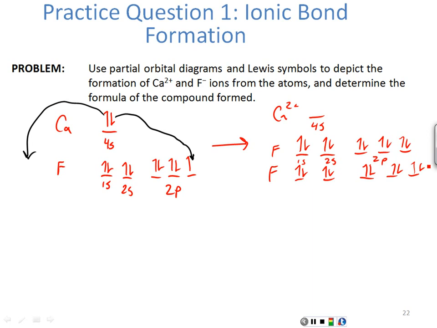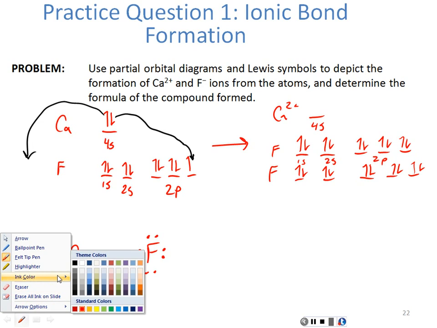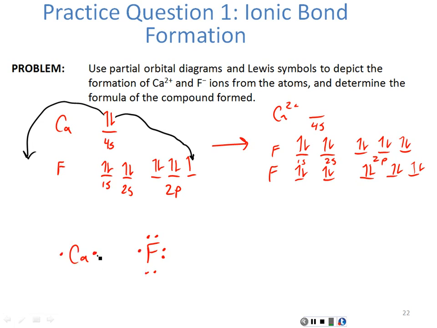The way I think is easier to show it would be Lewis dot symbols. So that's the Lewis symbol for calcium, the Lewis symbol for fluorine. Calcium's going to give up an electron to fluorine. But you notice fluorine can only take one.